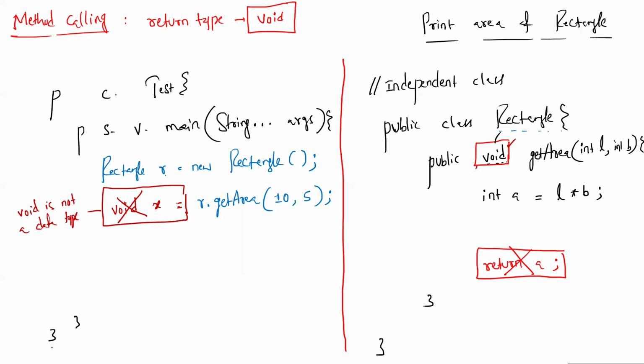Then what was the second approach that we discussed? Inside the print function, System.out.println, we can use the method calling. So r dot getArea method, 10 comma 5 are the two values for the two variables L and B. Then is it correct?